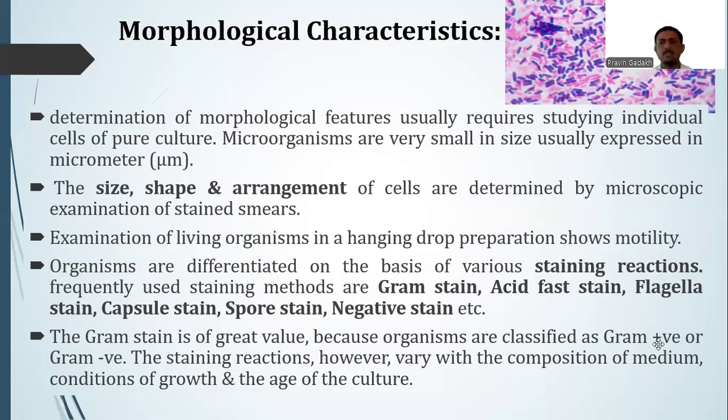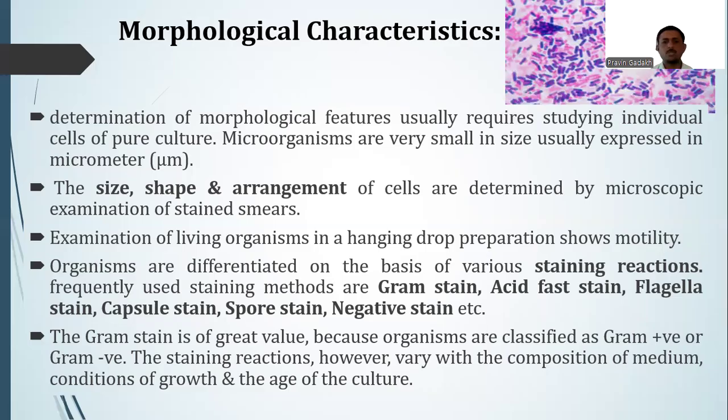After isolating the organism in pure culture, we can carry out the morphological characterization with respect to the size, shape, and arrangement of the cells. By microscopic examination or staining procedures, we can determine the arrangement of the cells, and we can use different staining methods for this as well.